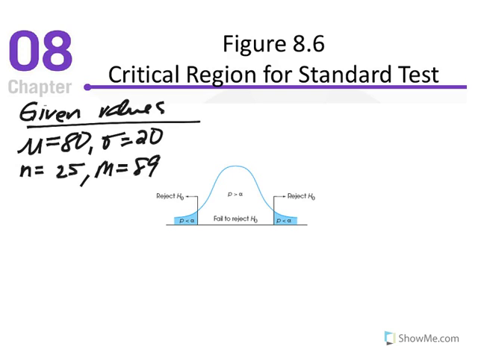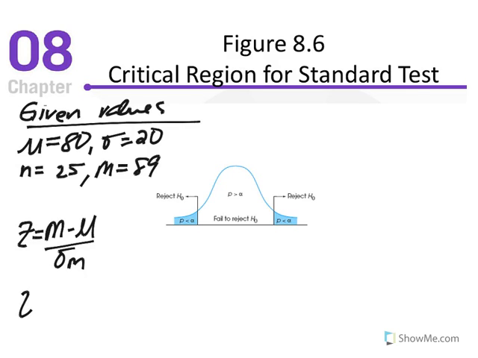So our third step indicates that we must compute the test statistic, which essentially means convert that sample mean to a z-score. So our equation is z is equal to M minus mu divided by standard error.